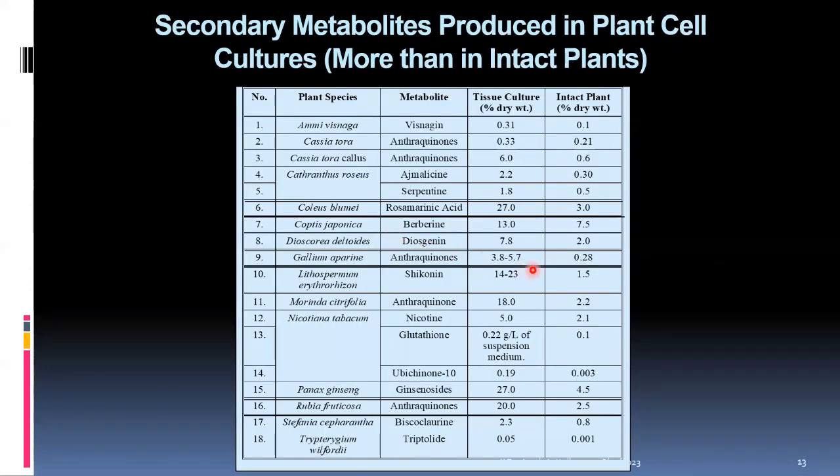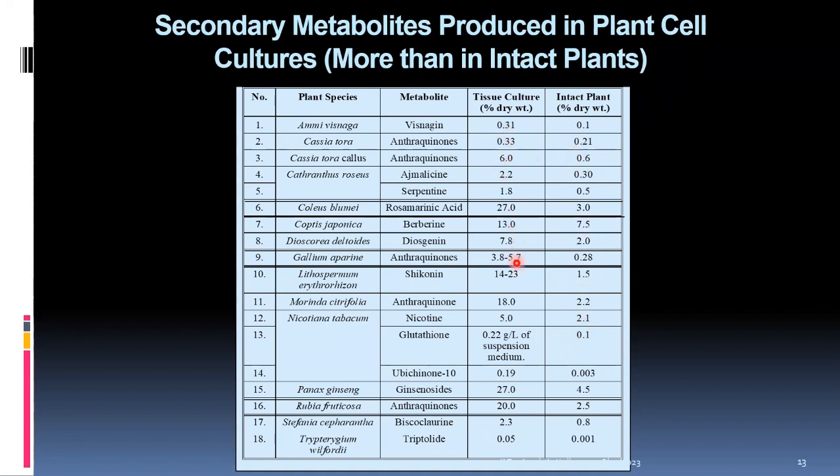So these are a few examples, very well known in literature, wherein by use of tissue culture methodologies, the production of the important secondary metabolite has been upregulated to a greater extent as compared to intact plants. You can look at this right-hand side column, which tells you the amount of the secondary metabolite present in the mother plant.